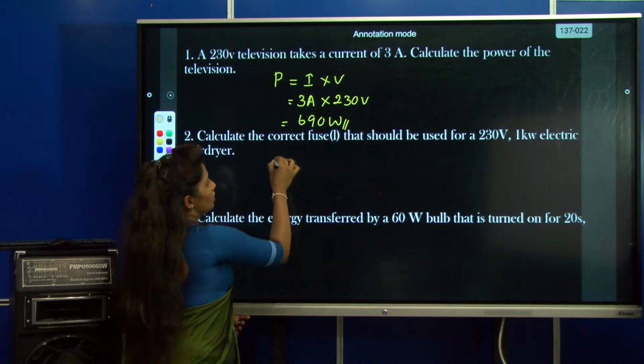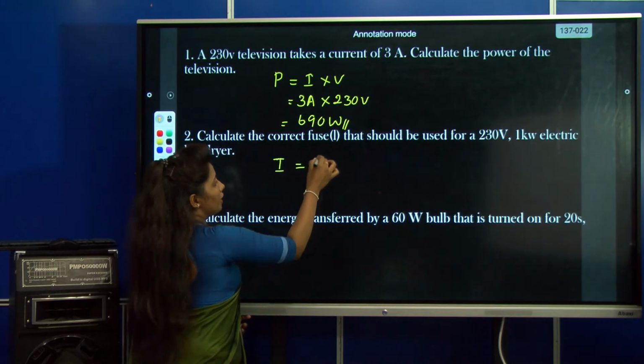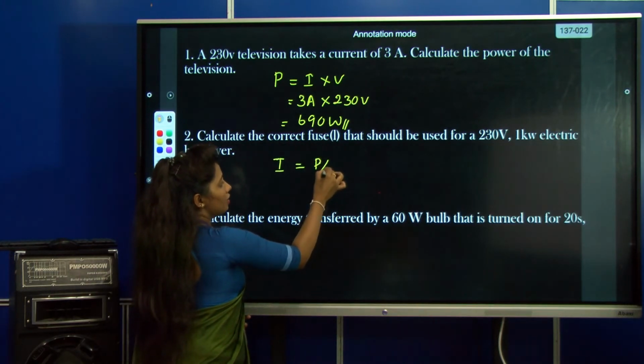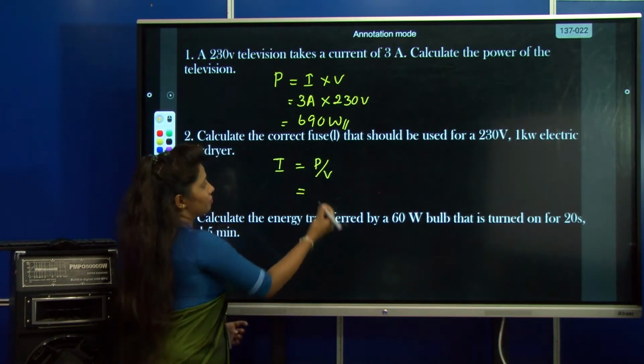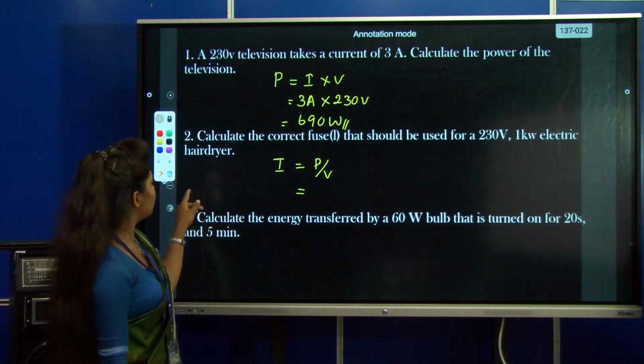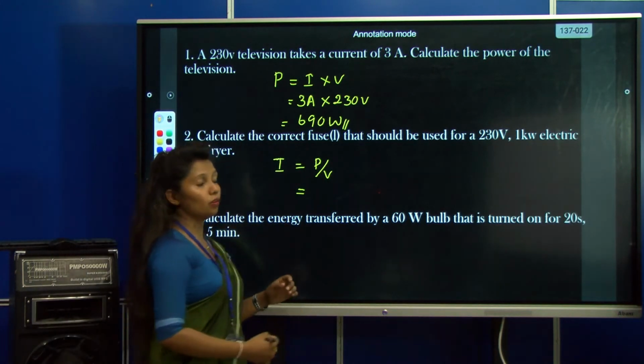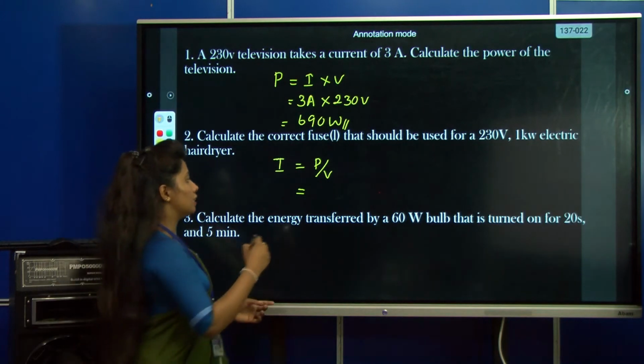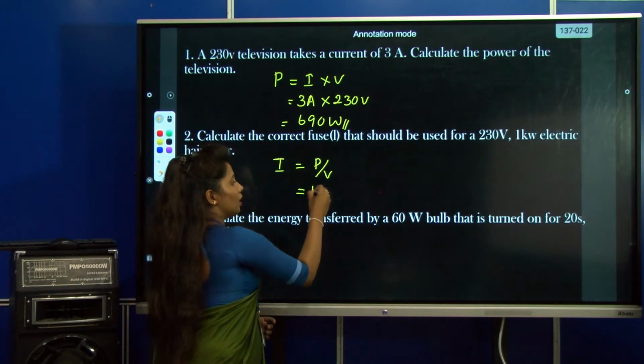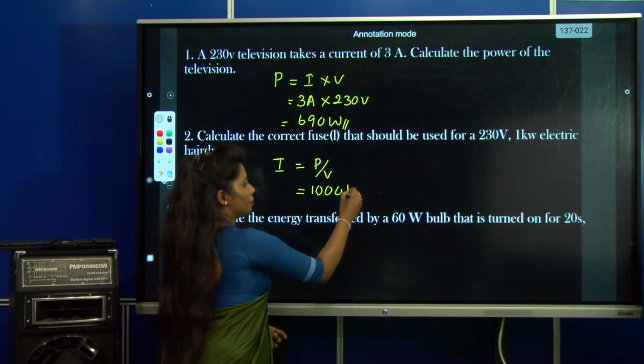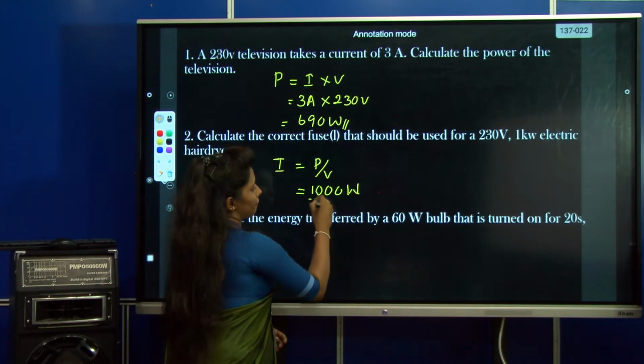I equals P divided by V. The power is 1 kilowatt, so kilowatt has to be converted into watts, 1000 watts.